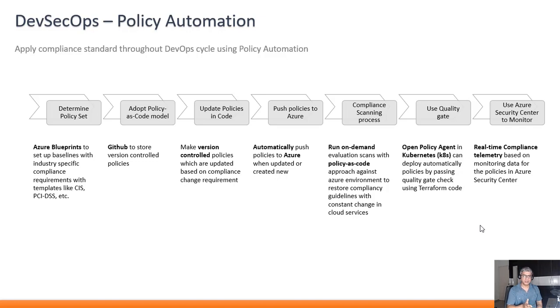And then you use the Azure Security Center to monitor the compliance telemetry, right? You get real-time telemetry out of that. You see what the security vulnerabilities are over there, if there are any threats that have moved in. So that's the whole policy automation that you need to do.